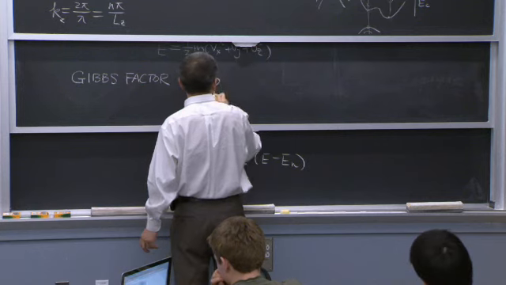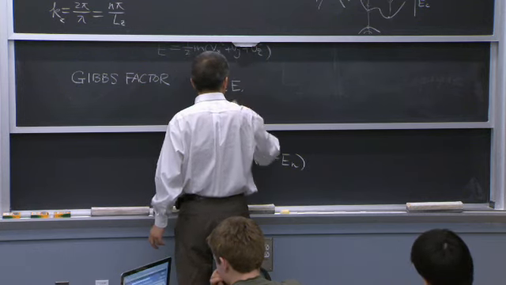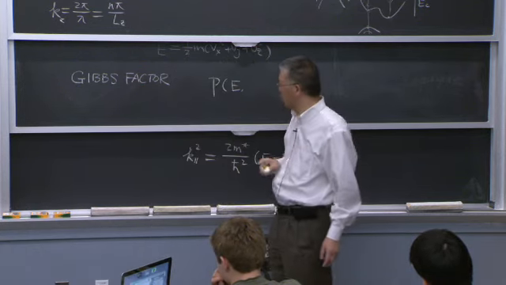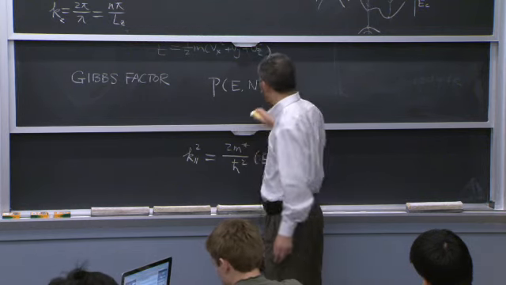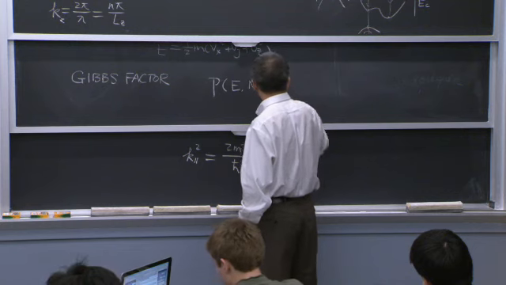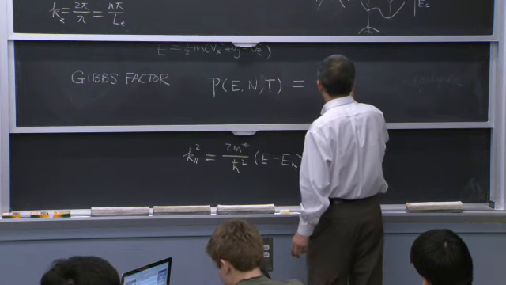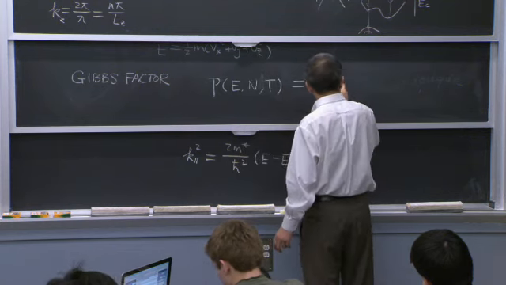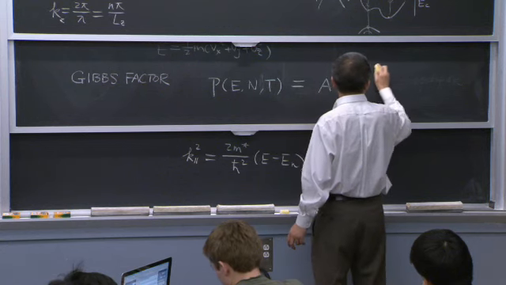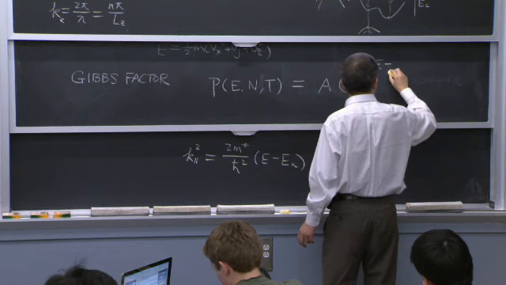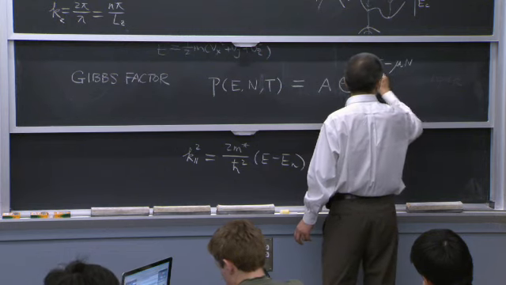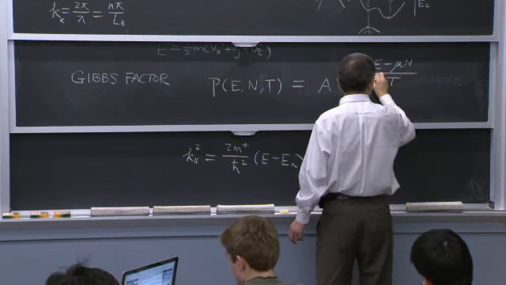And the probability of an open system having a certain energy and a certain number of particles at a temperature T is A, again normalization, times exponential of minus the energy of the system, minus the number of particles times this constant mu, divided by kBT.